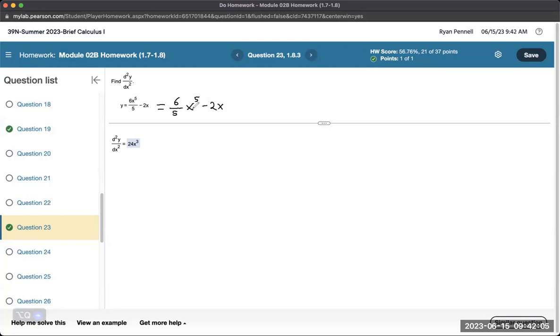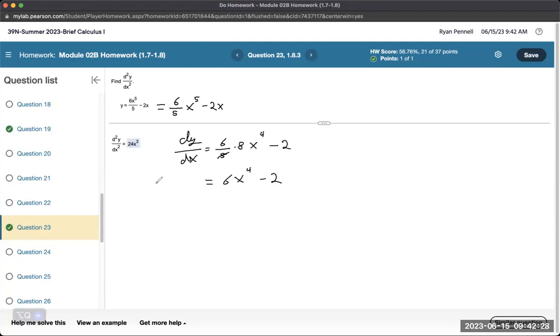Let's find the derivative: dy/dx, bring down the 5, that's 6 over 5 times 5, which reduces to 6x to the 4th minus 2.